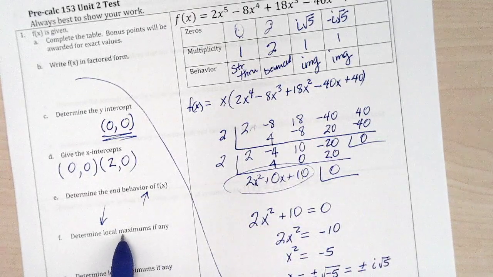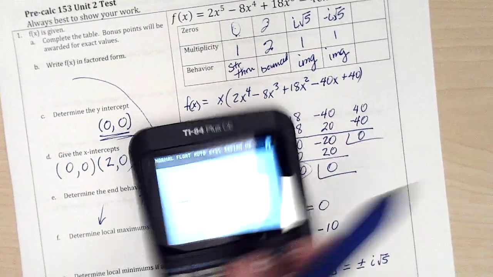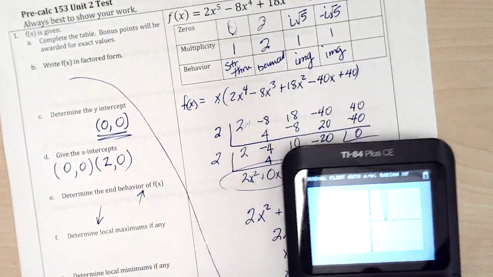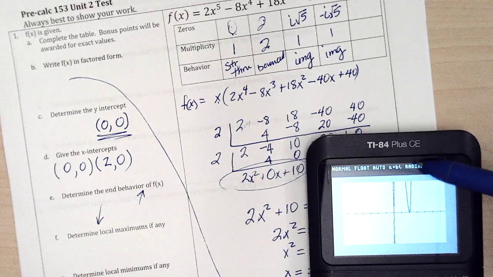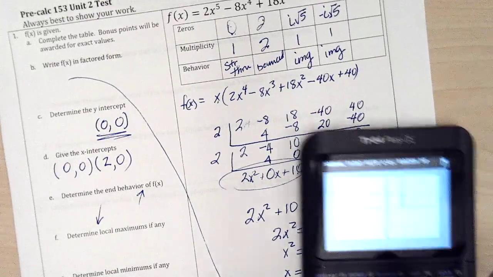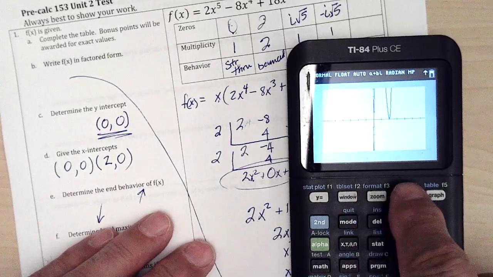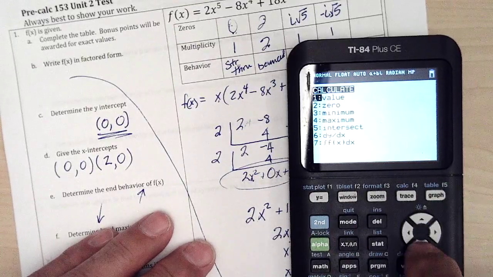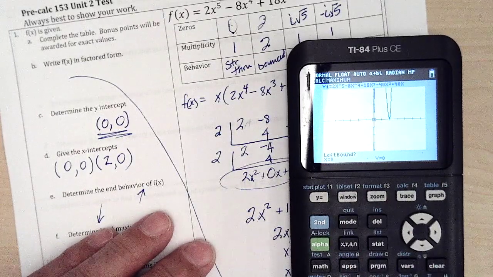Do we have any local maximums? Well, this thing is going, move it over here where you can see it. It's going up and it comes down and goes back up. So it's got a maximum somewhere between 0 and 2. So on a calculator, we say, second, calculate the maximum, that's somewhere between 0, enter, and 2, enter.